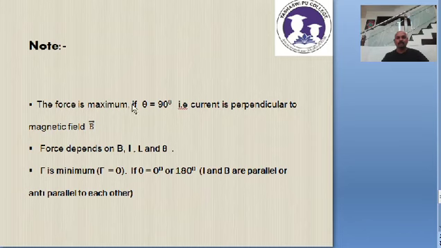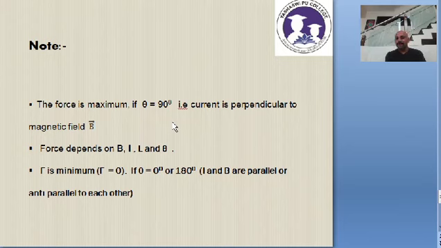Now note, the force is maximum if theta is 90, which means the conductor and the magnetic field both are at right angles to each other. No doubt force depends on I, L, B and theta. The force is minimum if theta is equal to 0 or 180.